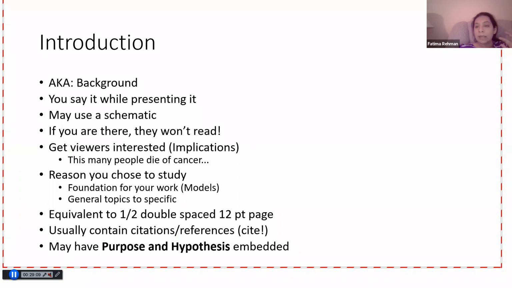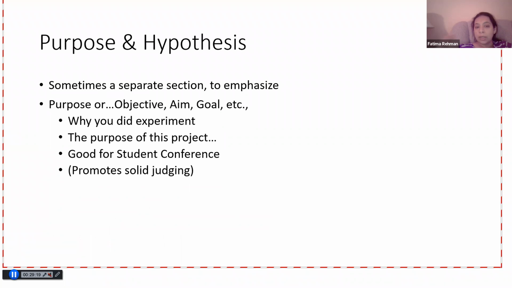And then your intro will end with a separate section that is your objective, aim, goal, hypothesis, whatever you want to call it. It is going to be that one sentence you have been writing for your hypothesis. Or you can write a couple of sentences to talk about why you did this and what you expected.